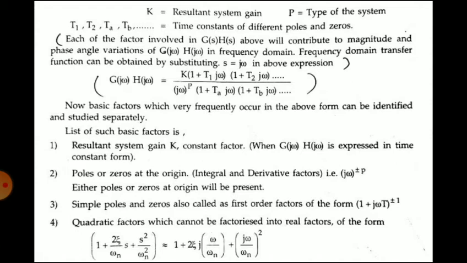First is the resultant system gain K, called a constant factor. Then poles and zeros at the origin. Then simple poles and zeros, called first order factors, and fourth is quadratic factors which cannot be factorized into real factors. You have to identify these factors from the given transfer function or from the time constant form.